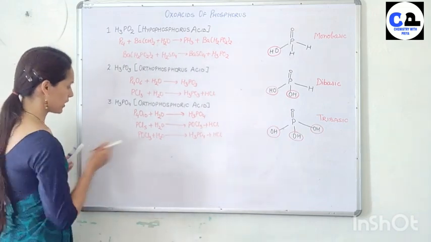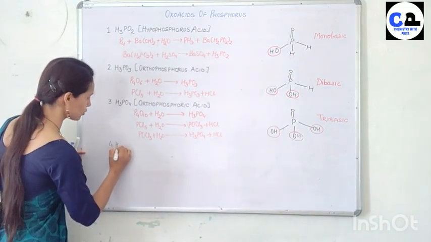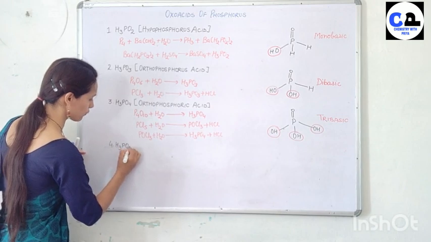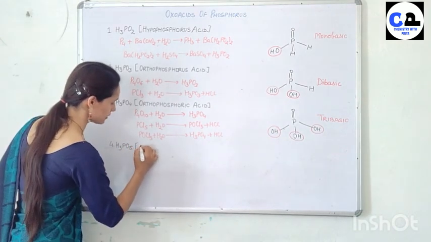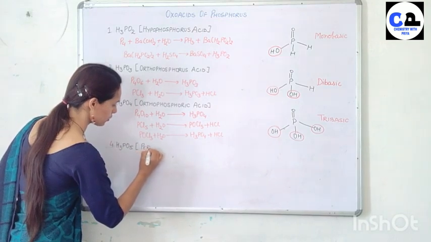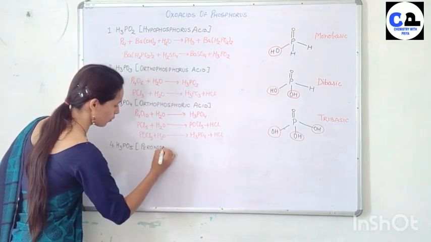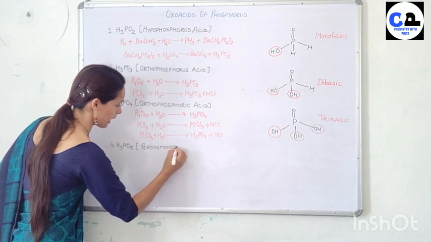Next, fourth, is H3PO5, which is known as peroxomonophosphoric acid.